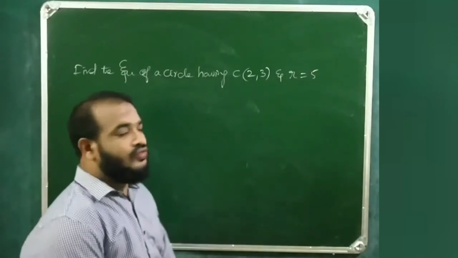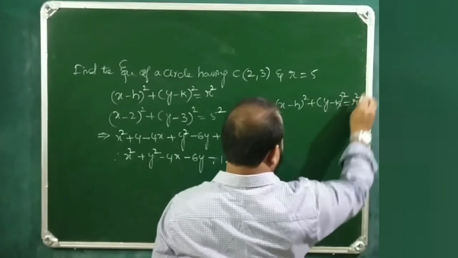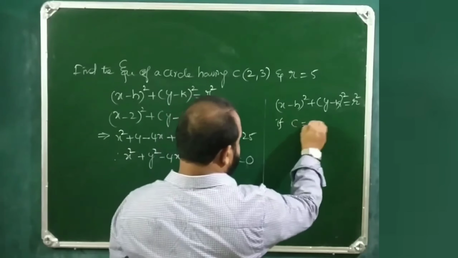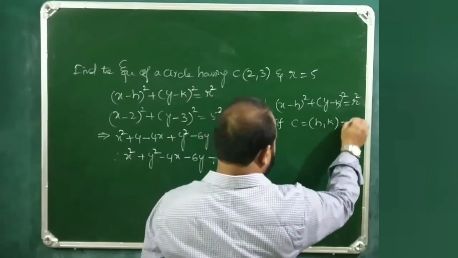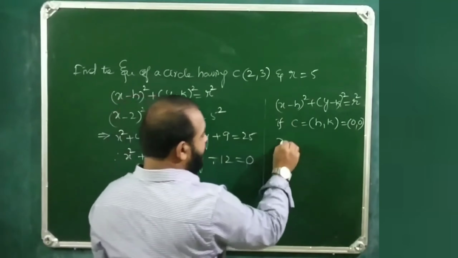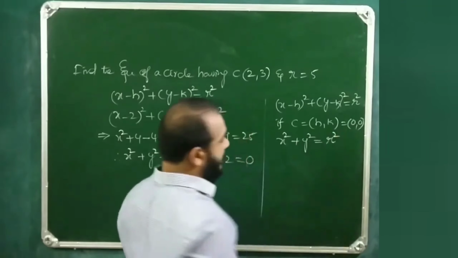So (x minus h) whole squared plus (y minus k) whole squared equals r squared. If the center C(h, k) is equal to (0, 0), then this equation will become x squared plus y squared equals r squared.